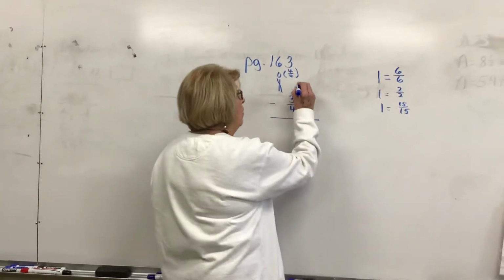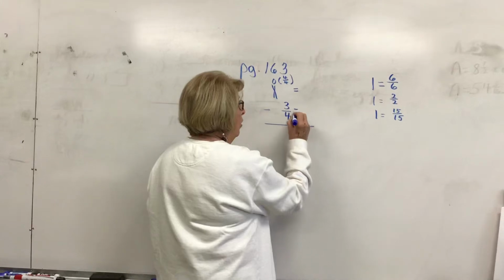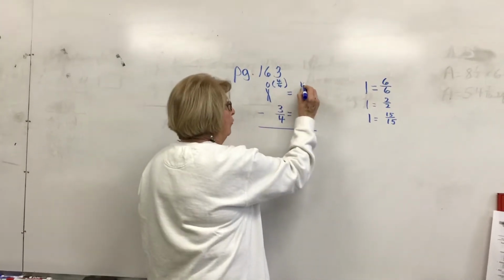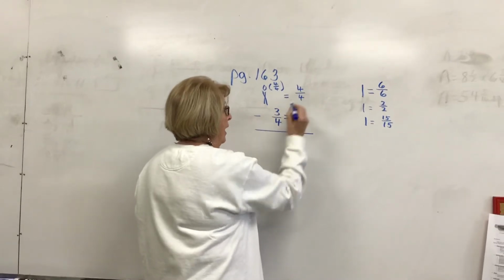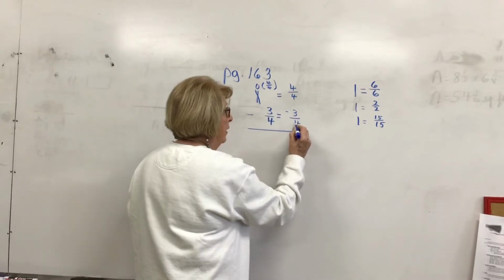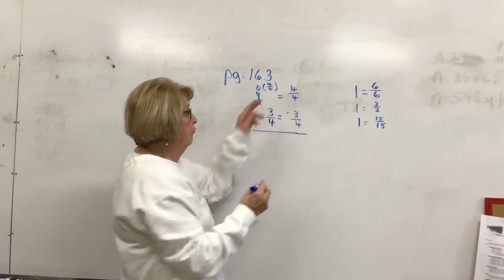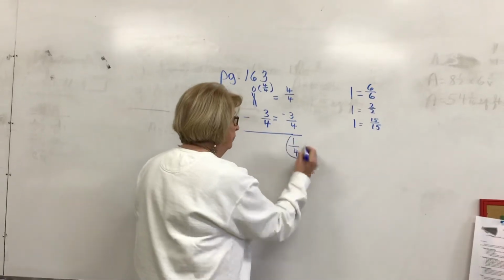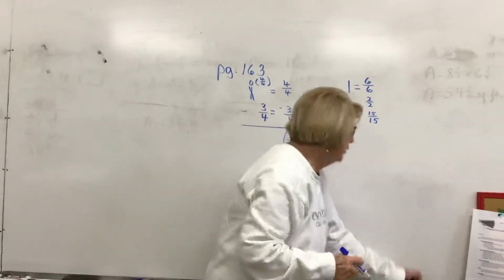I put equal marks, equal marks. I extend my line. I bring over my 4/4. I take away my 3/4 that I had here, and I say 3 from 4 would give me 1/4. Okay?